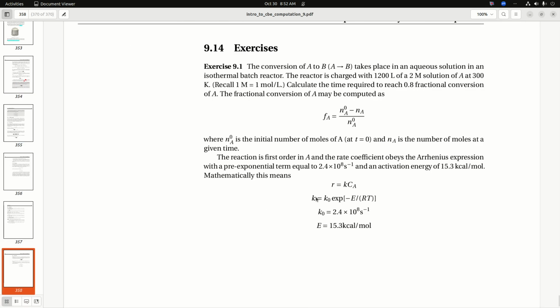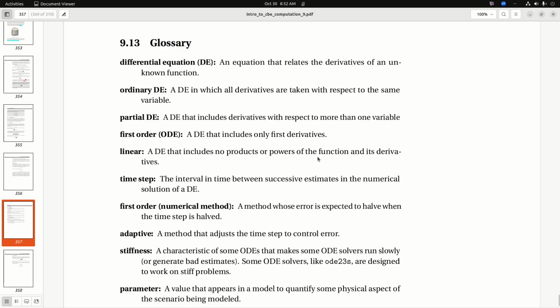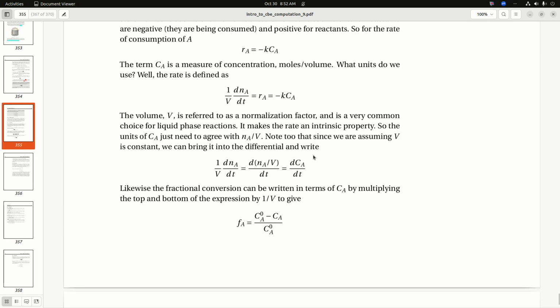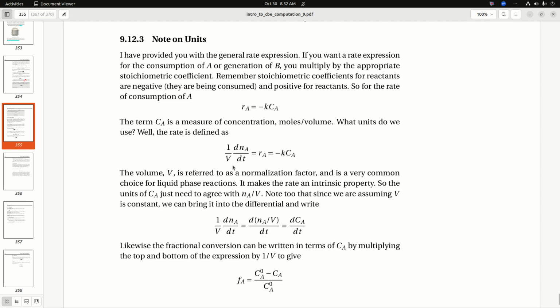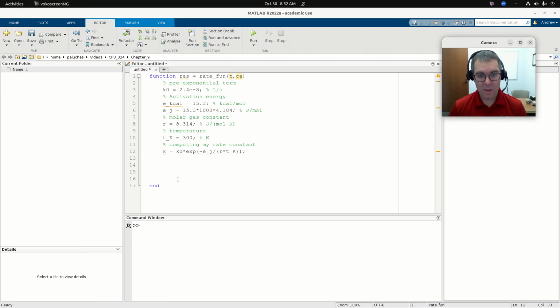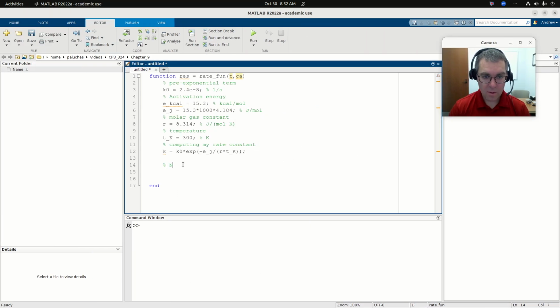Cool. And now that I have my rate constant K, remember my differential equation then? Okay, my differential equation is going to be dCA dt, right, is equal to negative K times CA. Okay, so now computing, all right, now I'll comment, right? So normally I would make this res, okay?